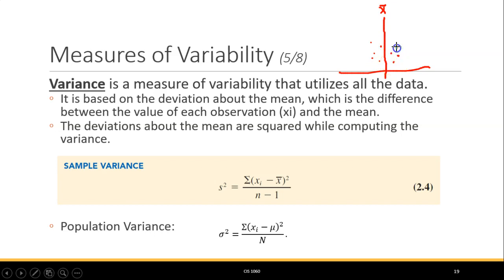Some measures are on the right side of that line. What we're doing is measuring the distance each of these dots is to that average, and this gives us an idea about the variance. And by the way, when we do the variance, there is a squaring of that distance, and that ends up becoming a positive number only.